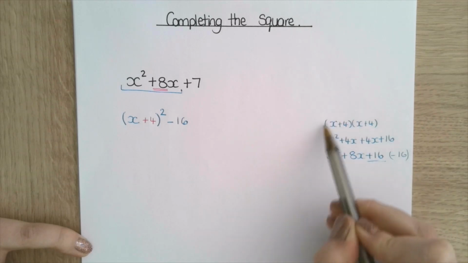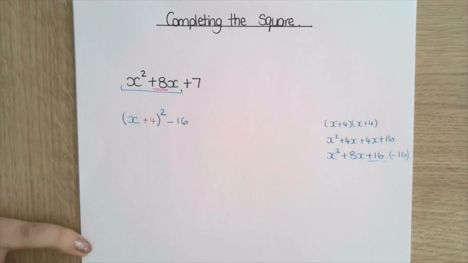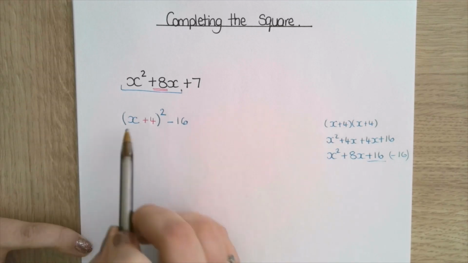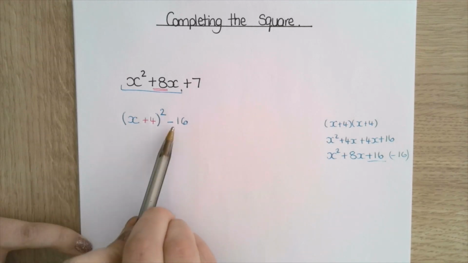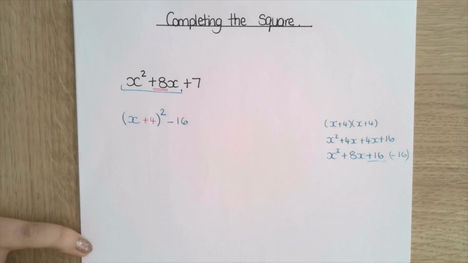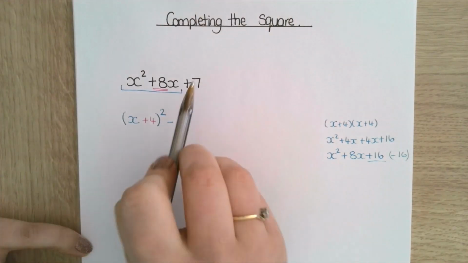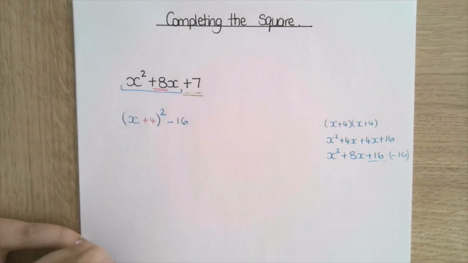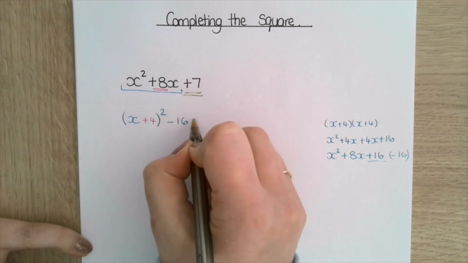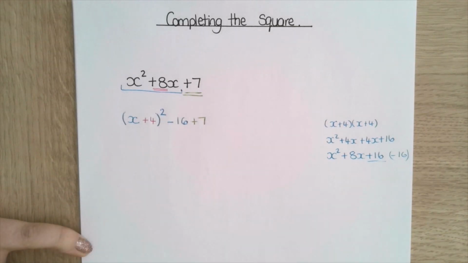So this blue part that I have underlined here is represented by this, as I've shown you here. This is not part of completing the square. This is just me explaining to you how I got that and ended up with that minus 16. I need to remember that I have also got that plus 7 on the end, and therefore I will need to add that on. So now what I need to do is to simplify this and tidy it up a little bit.